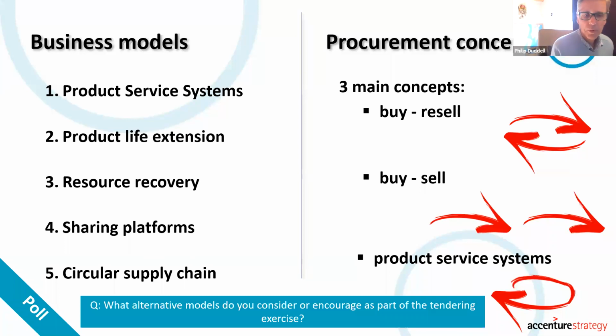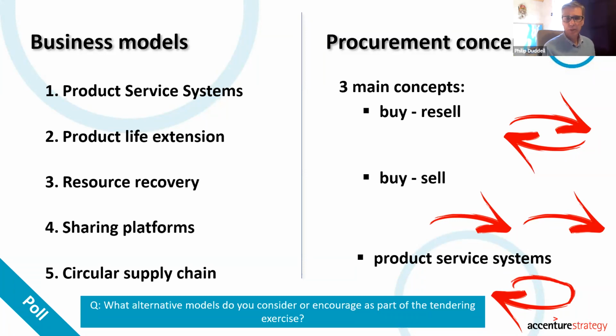So what I think we would like to do now is get a bit of an understanding from yourselves about the extent to which you are familiar with and use alternative business models. So where, for example, ownership remains with the supplier, these types of models that we're showing here.